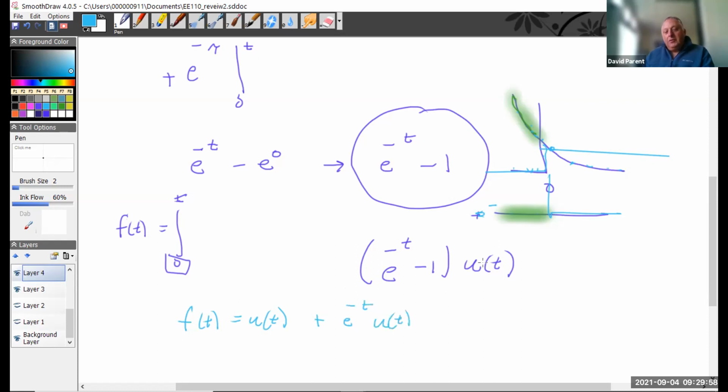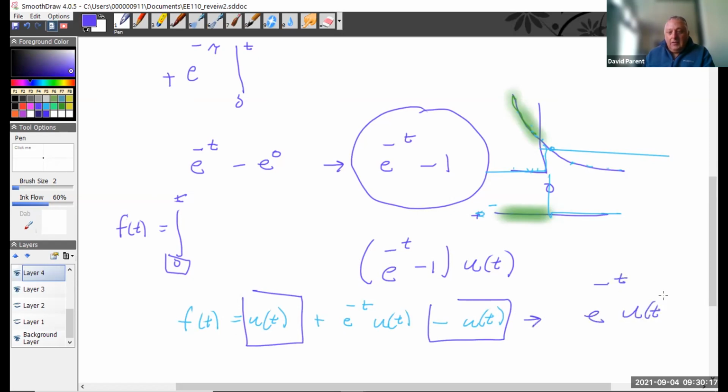And I'm going to expand this out, minus u(t). And look, that u(t) and that u(t) cancel out. So in the end, I get e to the minus t u(t).